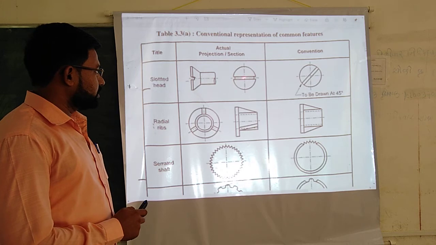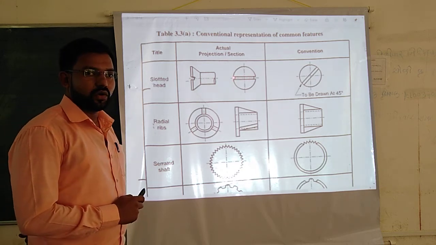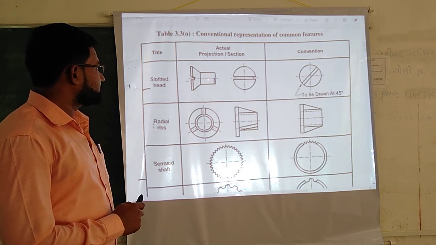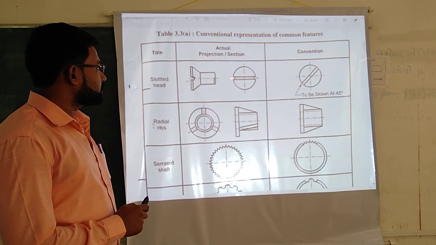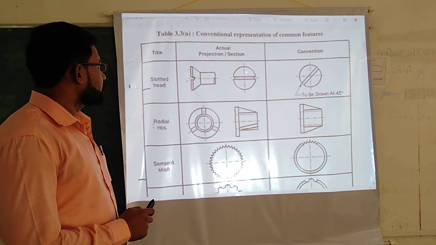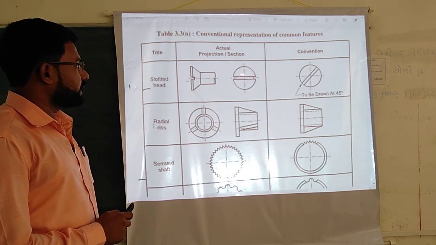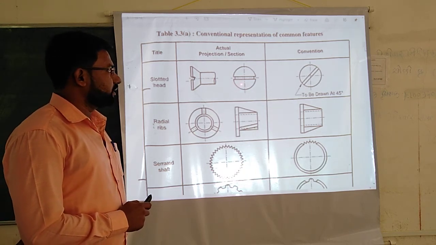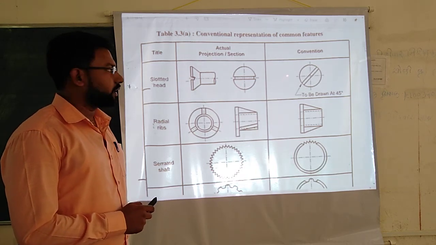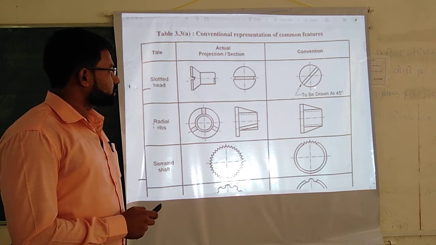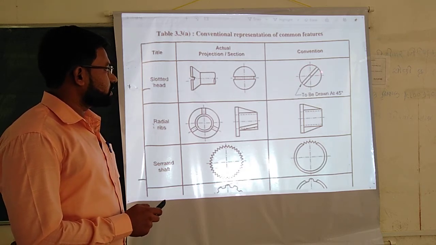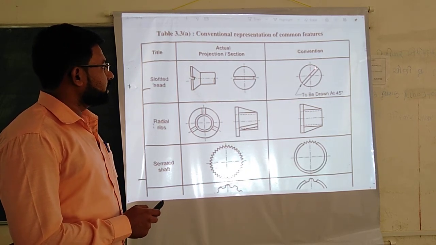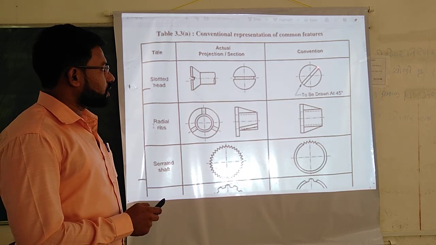This slot may be used to tie this shaft in a hole, or to provide a grip for this shaft, or to rotate this shaft. This slot is useful. So this is the actual projection of the slotted head. If you want to represent it conventionally, then the convention for the slotted head is that you draw this circular section, that is, this circle, and at 45 degrees you draw these two lines.